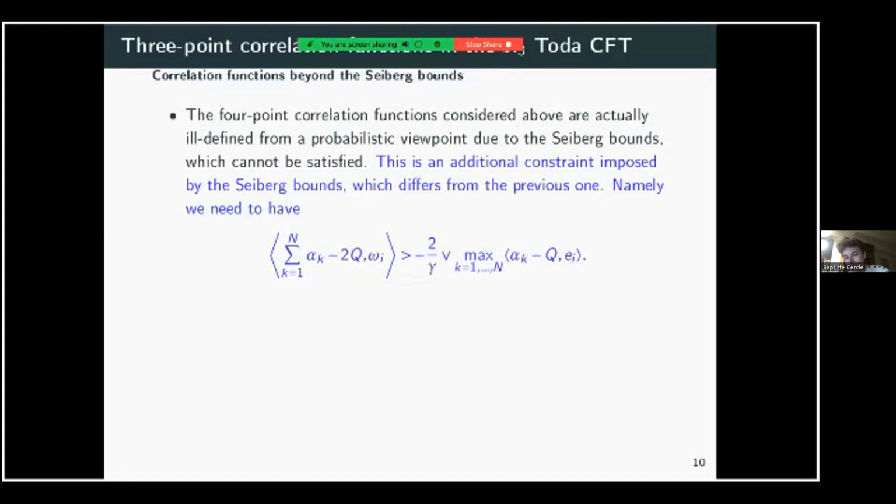But there is another constraint in the Seiberg bounds which says that moments of the GMC measure may not blow up. If you want to satisfy this second assumption, that the moments of the GMC measure do not blow up, then you cannot define your 4-point correlation functions. This is completely different from Liouville theory, where these 4-point correlation functions are well defined. In Toda CFT, this is not the case, and you need to extend the range of validity of the probabilistic representation.